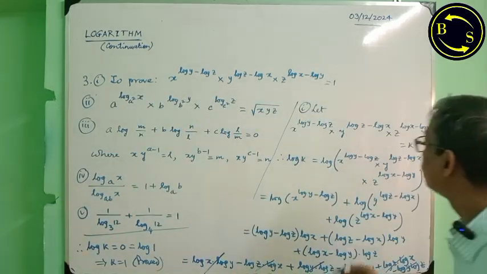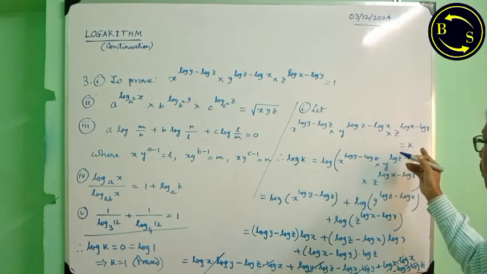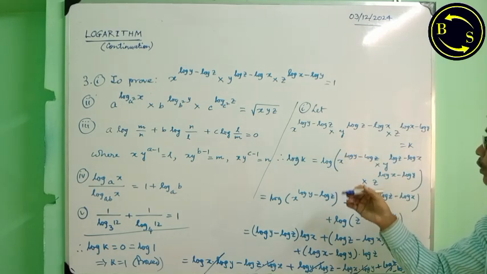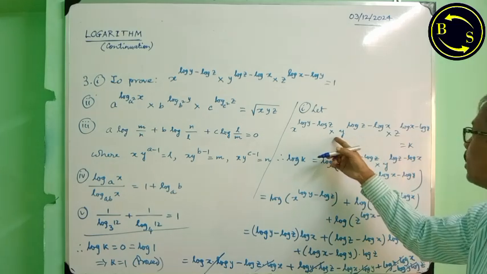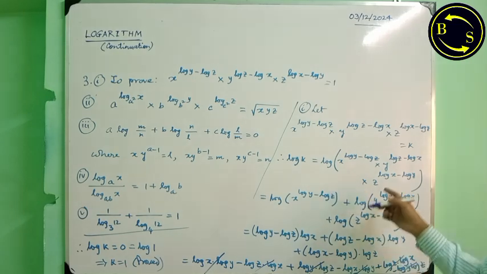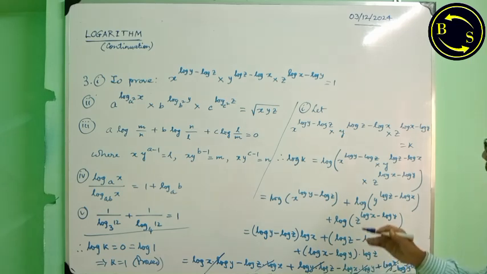Let me repeat. First of all, I have taken this expression to be equal to k. Then I have taken logarithm. Why logarithm? Because powers are there as well as product symbols are there. If we take logarithm, then we can apply log of ab equal to log a plus log b, as well as log of a to the power n equal to n log a.